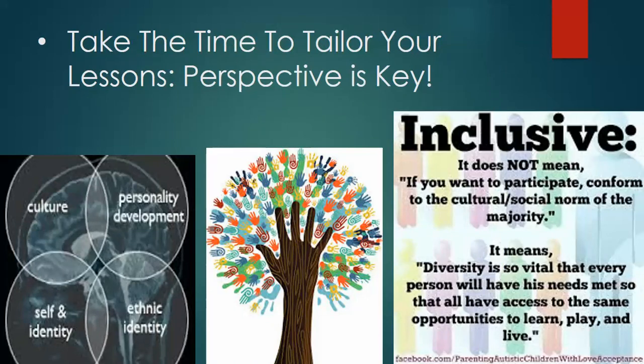And this leads into the next segment, which is to take the time to tailor your lessons. In order to build a bridge, you have to understand your students, and you have to create an environment of cultural inclusiveness. If you look on the left, this is a perfect representation. It talks about all the different aspects of a student's mind: self-identity, ethnic identity, personal development, and culture.